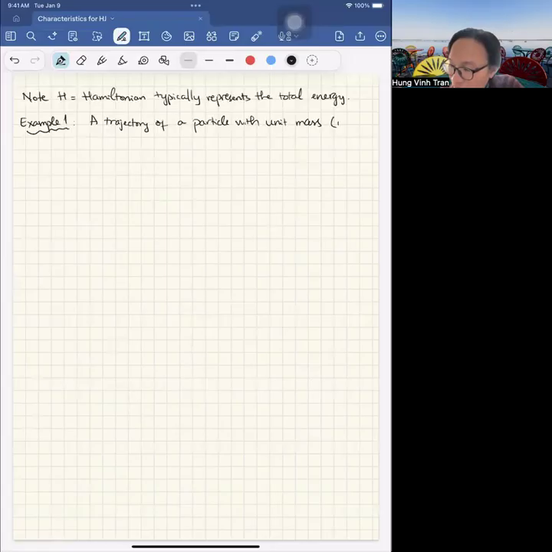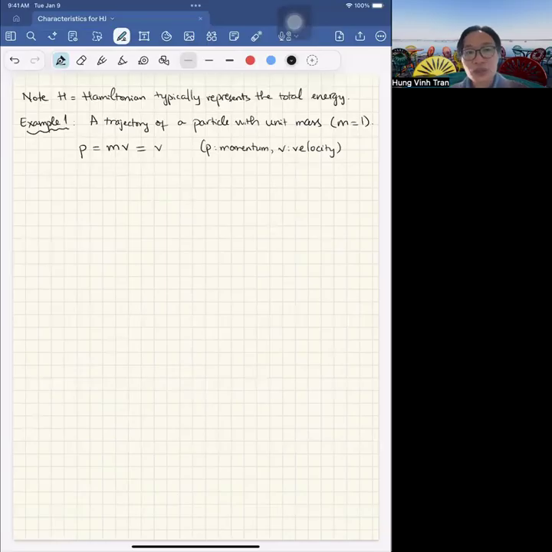So unit mass here, of course, I'm assuming that the particle has mass 1. P here represents the momentum, right? So we have the normal formula p equals mv, and this equals v. P is the momentum, and v is the velocity of the particle. Okay.